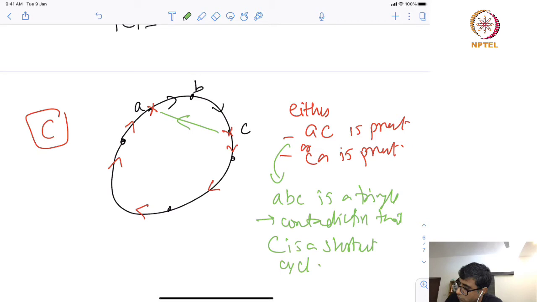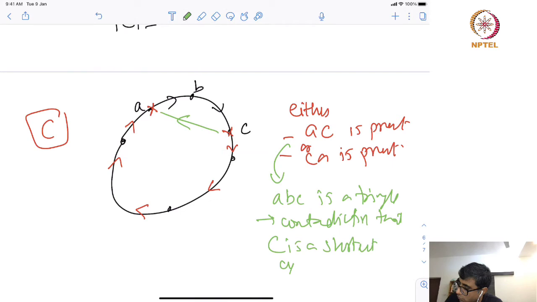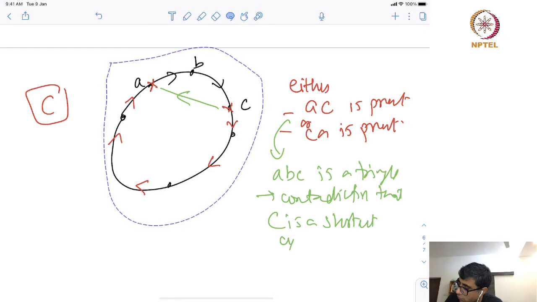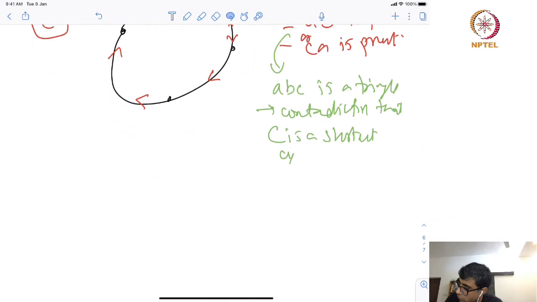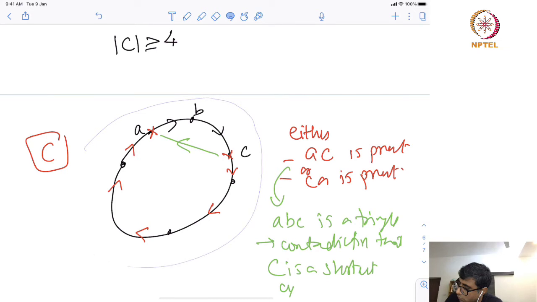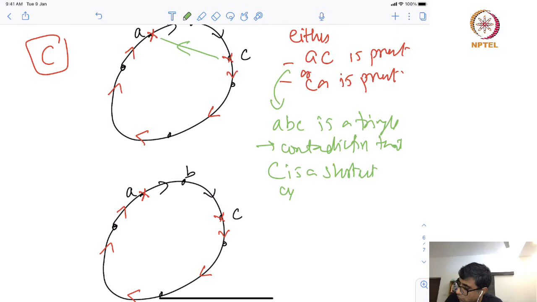So CA is not present. Now, suppose AC is present. What happens?